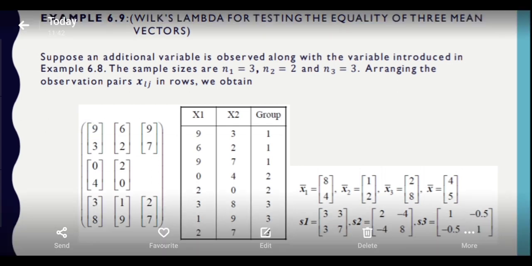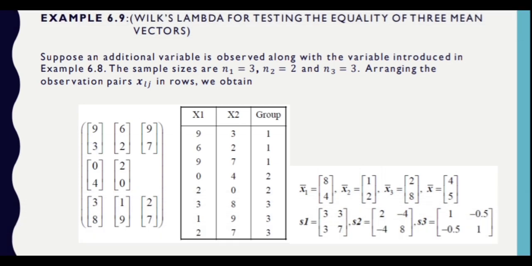Then 6 is the second observation for the first variable. 2 is second observation for second variable. 9 is third observation for the first variable, and the third observation for the second variable. So these 3 observations adalah from first population.